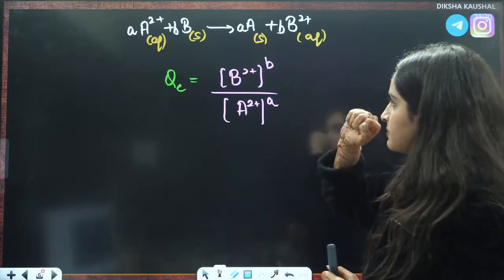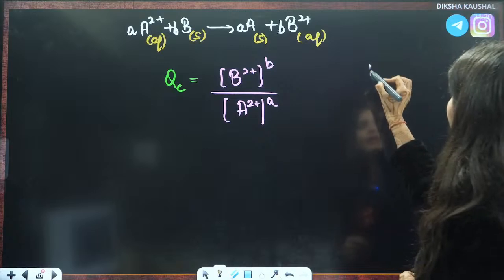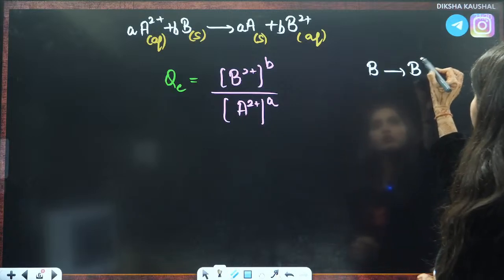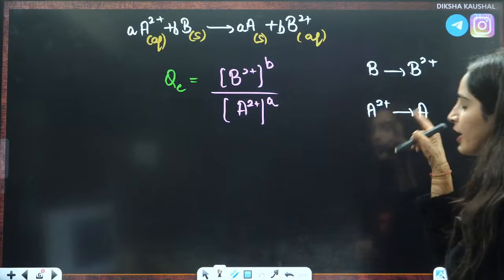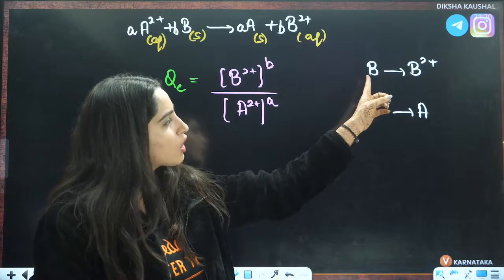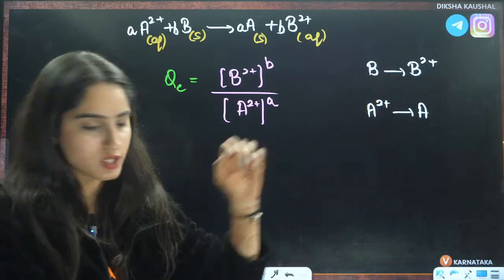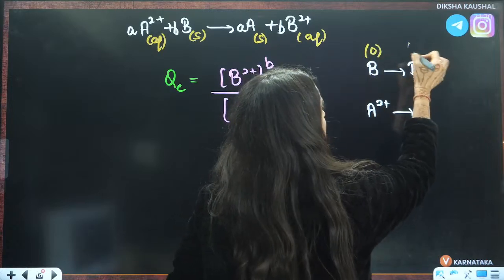Now let us see this B2+. Tell me, from B to B2+ and from A2+ to A, where do you see the reduction and where do you see the oxidation? If you talk about B to B2+, can I say this is 0, this is plus 2?